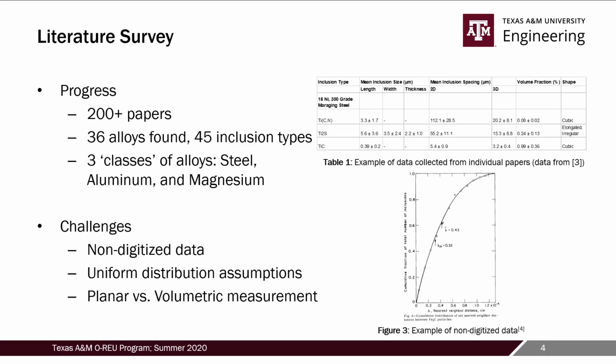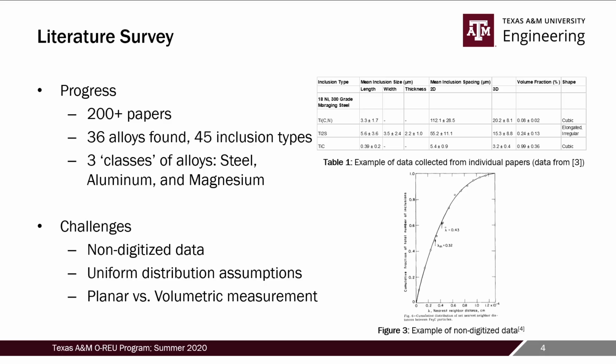Collecting this data has been challenging for multiple reasons. For one, lots of older data has not been digitized, meaning that while a plot like the one on the right is provided, the numerical values of the points are not. Thus, the distribution itself cannot be accessed.